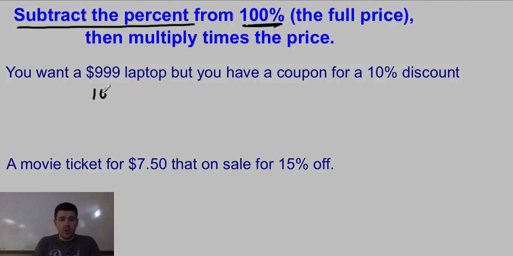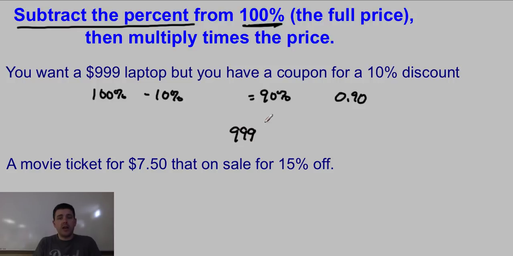So 100% is the whole price, but you have a 10% discount, meaning you want to subtract away 10% of your price. Well, it works the same way as we were doing with adding. 100 minus 10 is 90%, or 0.90. You multiply that times your price.